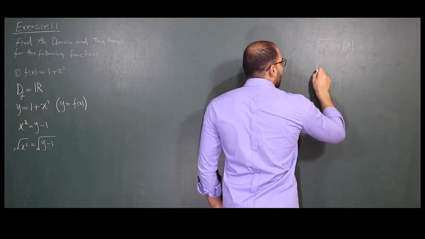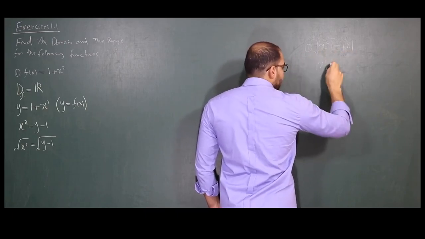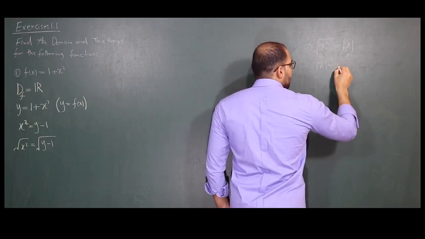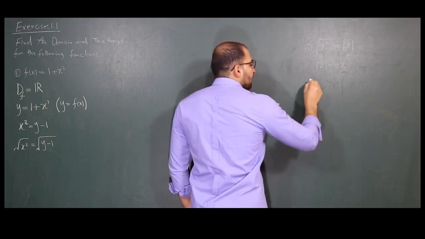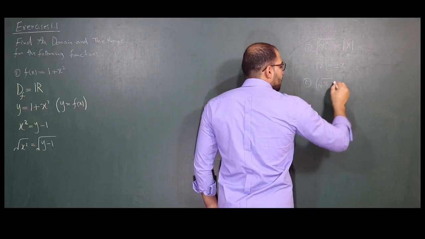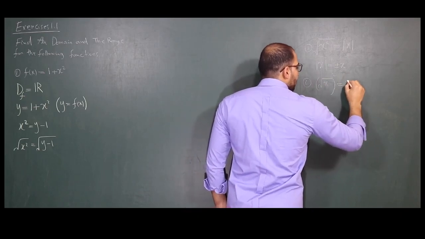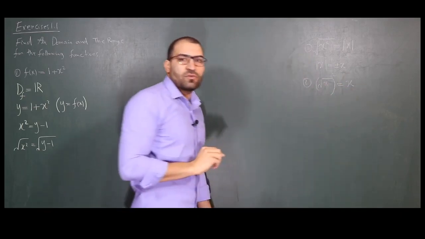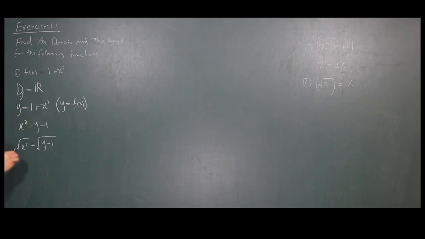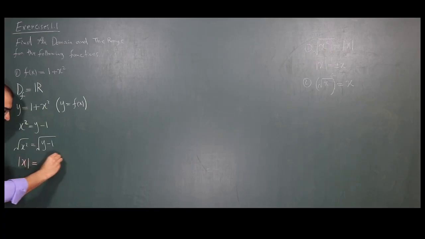And I assume we all know that the absolute value of x is plus or minus x. But if we have the square root of a value squared, the result will be just x without absolute value. So now, after we apply the square root to the function, I will put the result like square root of x squared equal to the square root of y minus 1.